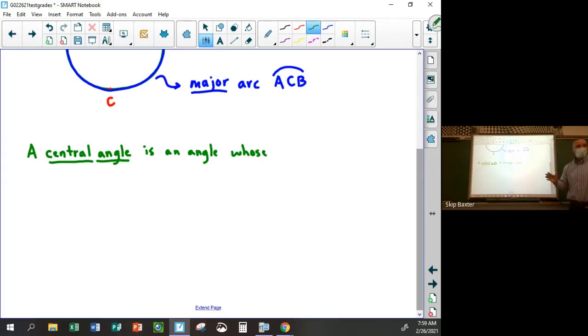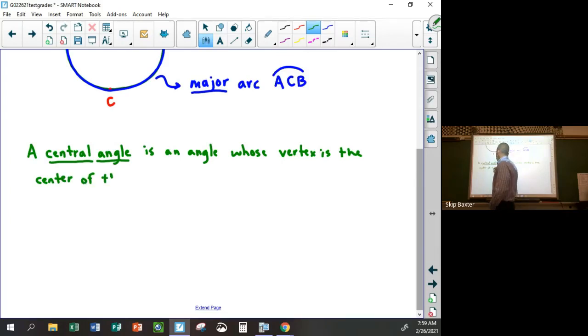The sides of the angle are radii. The central angle is an angle whose vertex is the center of the circle. Sides are radii.